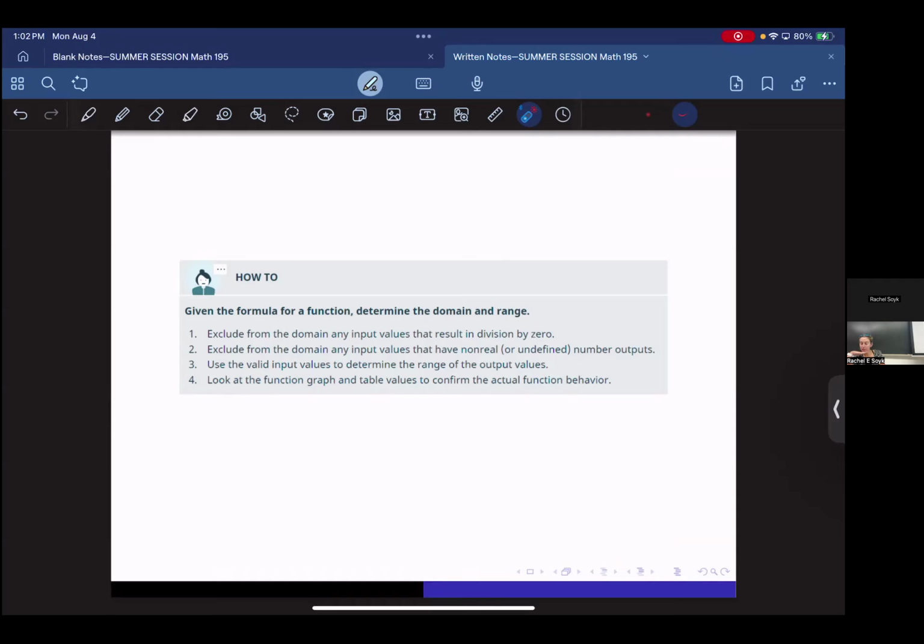Those are going to be excluded. And then with the range, you want to figure out, okay, after we identified all of your x values, what are all of the possible y values that can be computed from that? And then that would be your range.